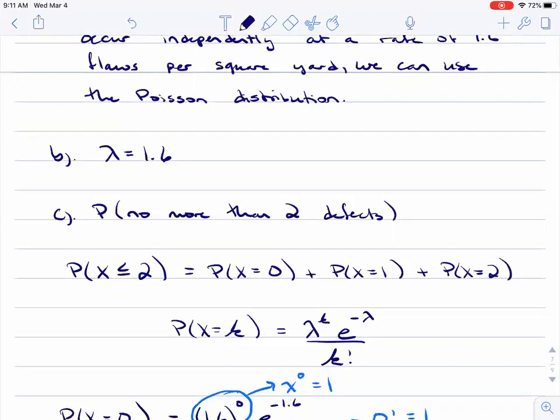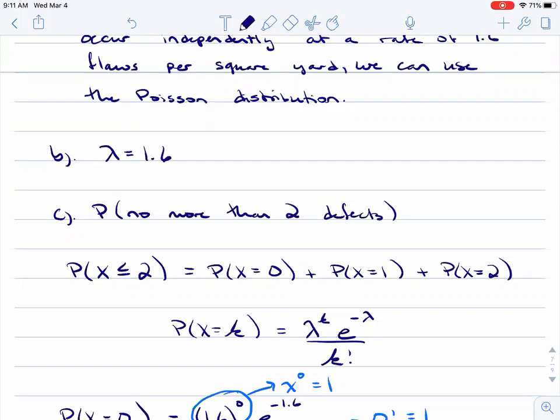If we want the probability of less than 2, I'm expecting my probability to be pretty large, because on average I'm seeing 1.6 defects per square yard. If I can push it to 2, and count how many have less than or equal to 2 defects, that should be a lot of these square yards of carpet.